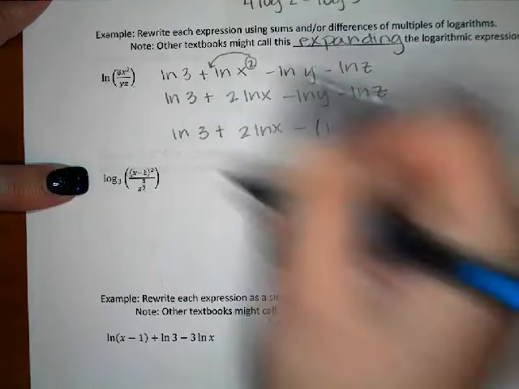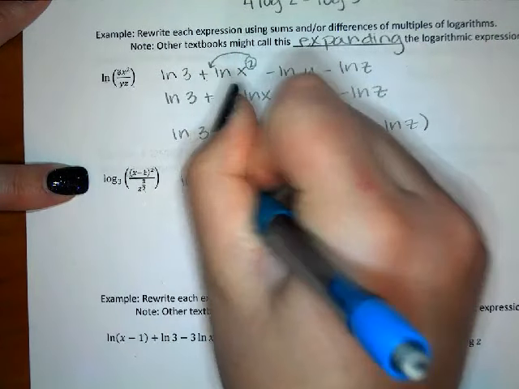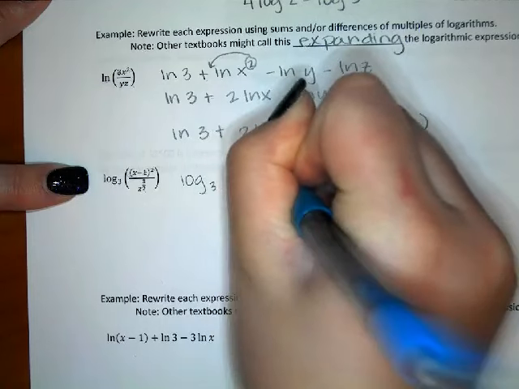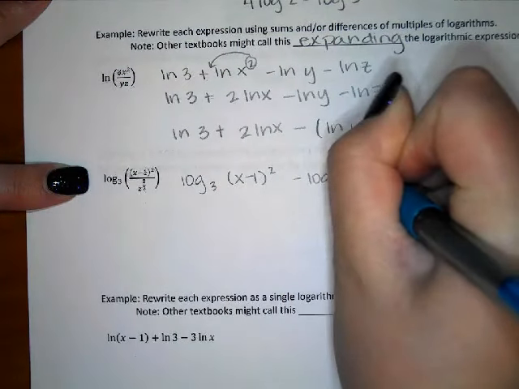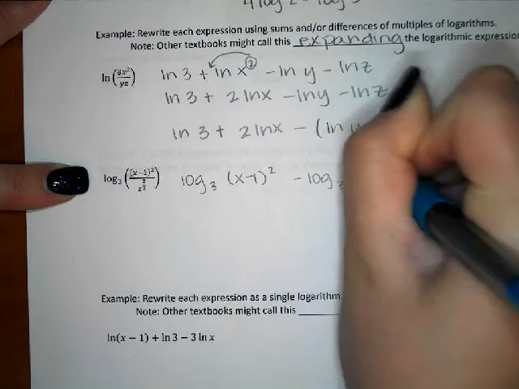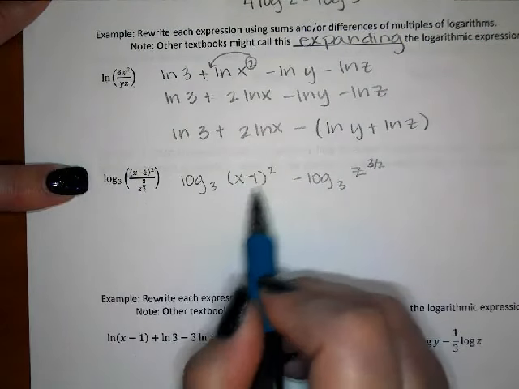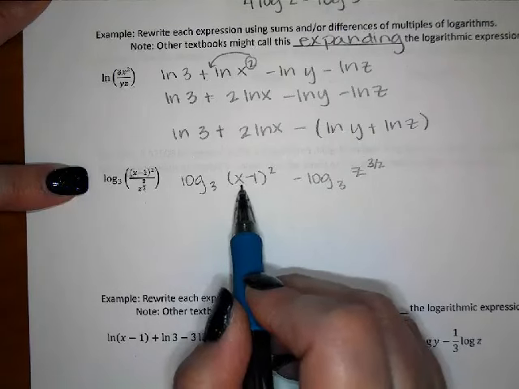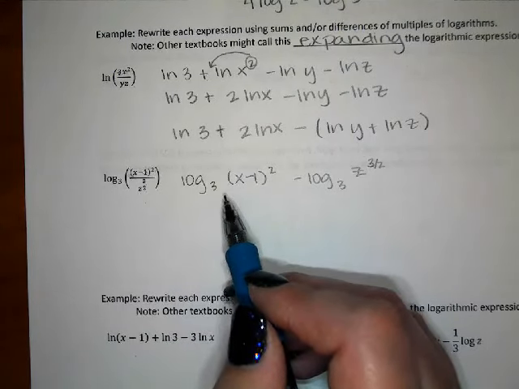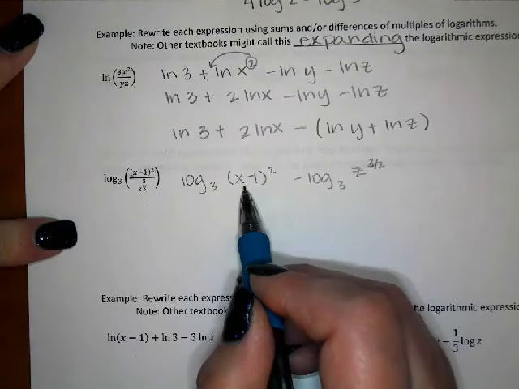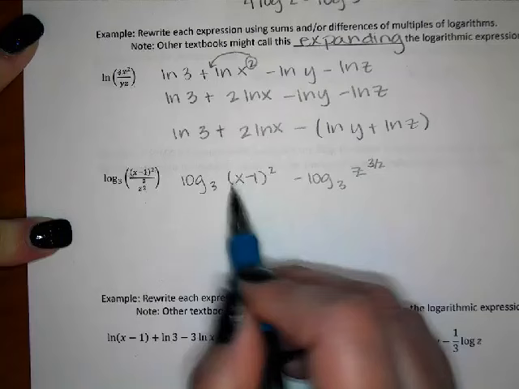So log base 3 of x minus 1 squared minus log base 3 of z to the 3 halves. And here you'll notice I had parentheses with my log, and this is the only example so far in these notes where the log had to have parentheses in the expression to be accurate.